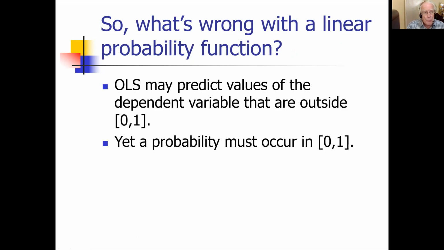So we have the problem that OLS may predict probabilities that are simply impossible because it permits the dependent variable to rise above 1 or to fall below 0.